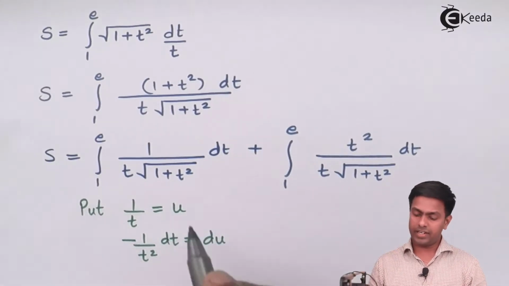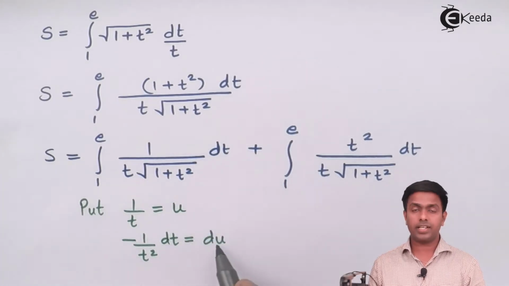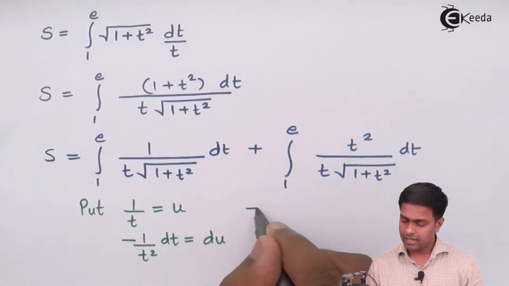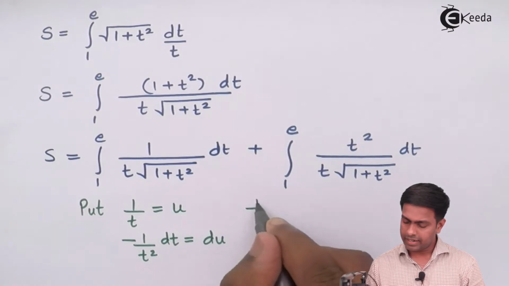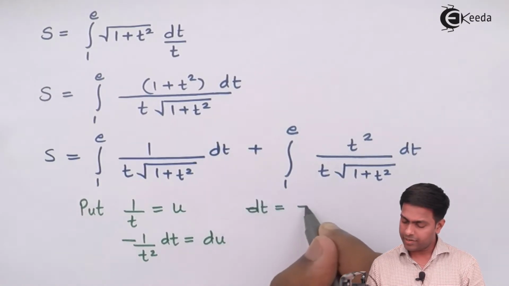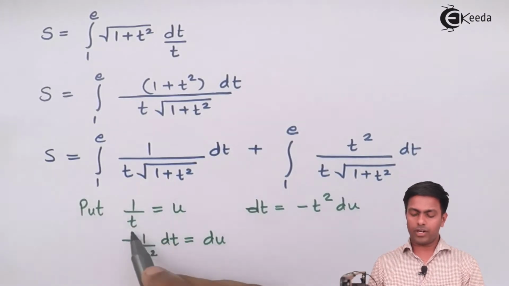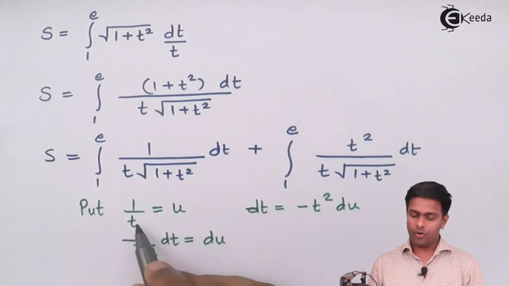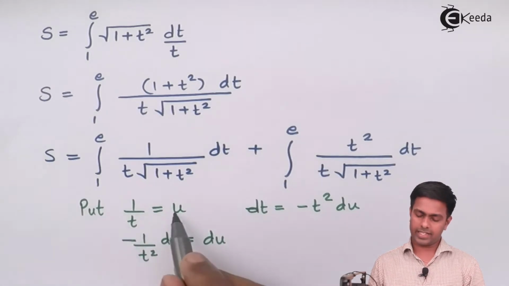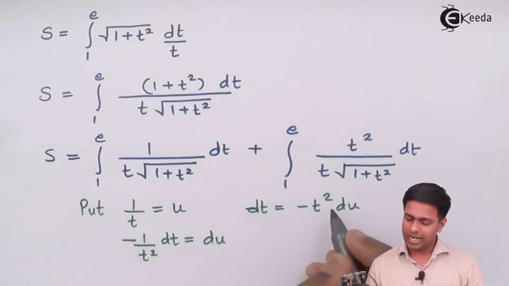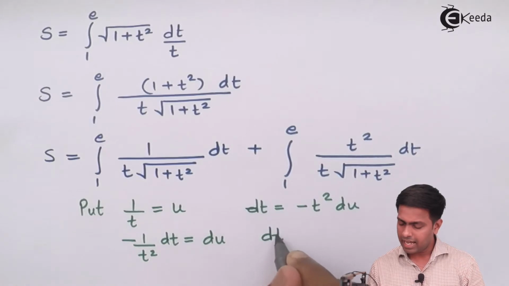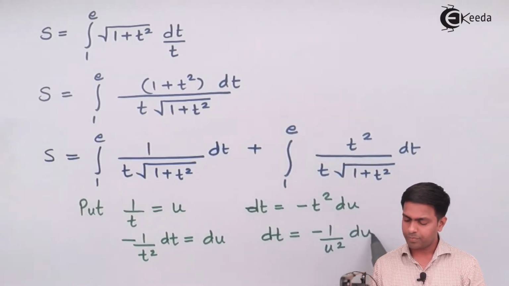Now we have dt, so dt will become negative t square du. Here I'll say dt is equal to negative t square into du, and since the value of 1 upon t is u, I can say that value of t will be 1 upon u if I exchange this. So here I'll get dt as negative 1 upon u square du.